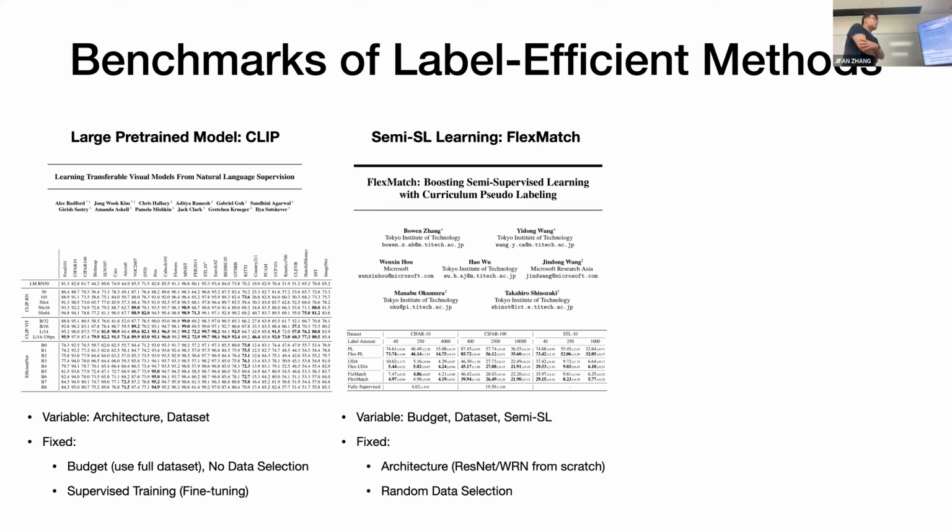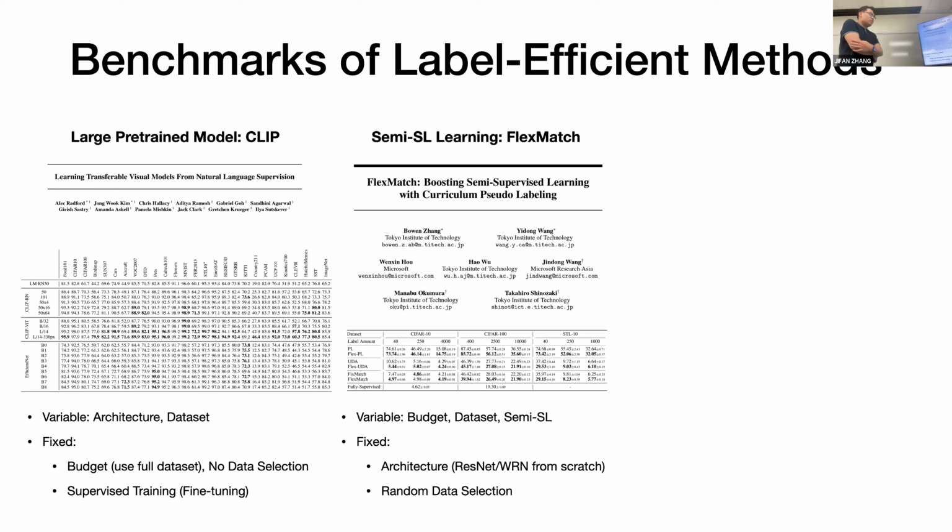In semi-supervised learning, this is one of the state-of-the-art algorithms. And the result is similar. So you vary the method you use to train. You vary the data set you train it on. But what's fixed are architectures.